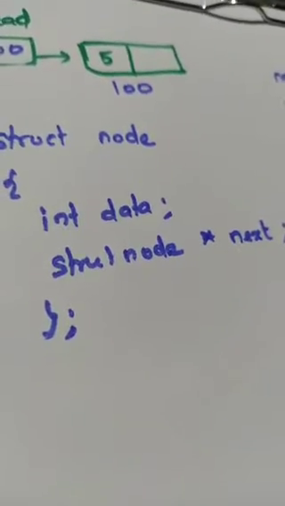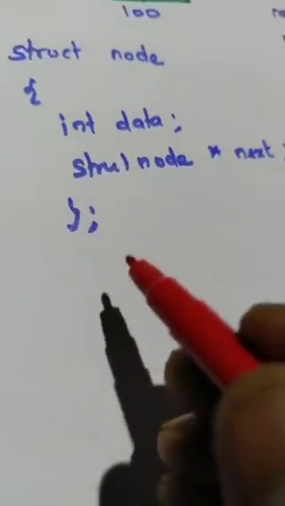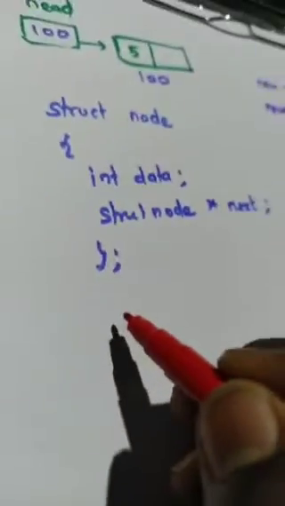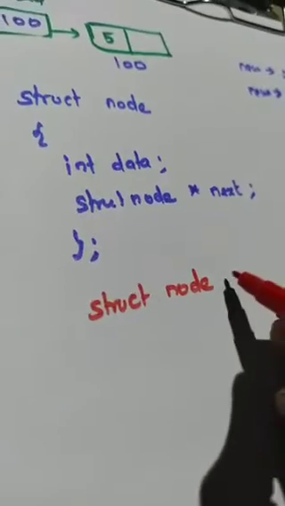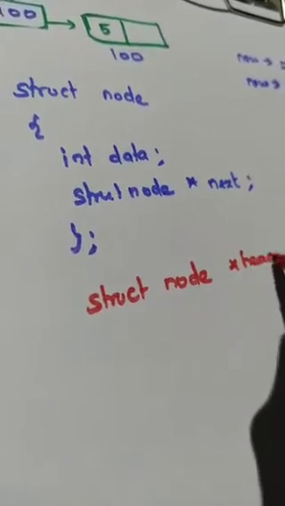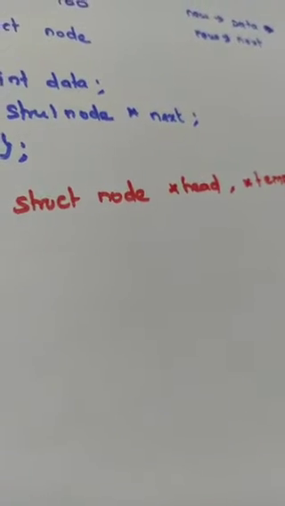So after the declaration, I am going to introduce two more pointers, struct node head and temp.